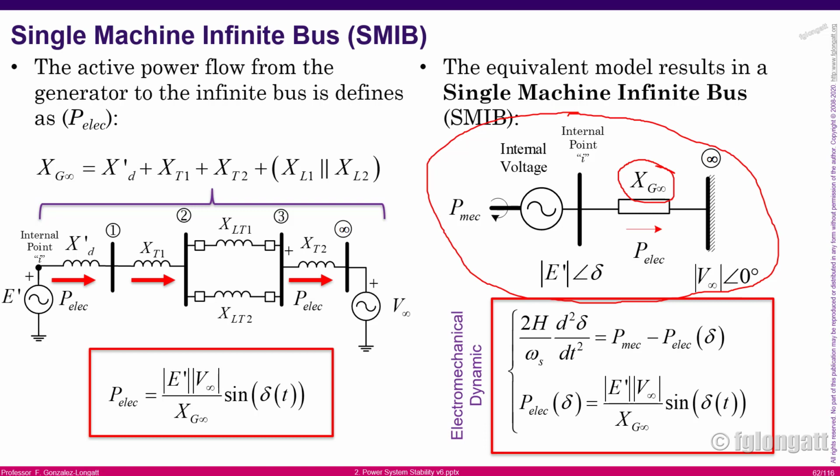And now I would like to stop here and make an explanation. The power system can be as complicated as you wish. At the end, what you need to identify is the reactance that is interconnecting the source, that is the internal voltage of the generator, and the infinity bus bar, okay?